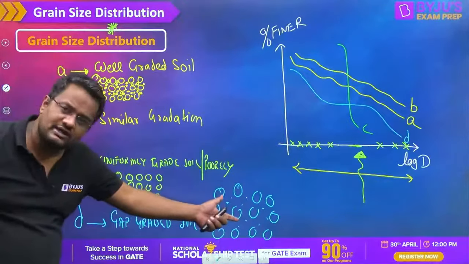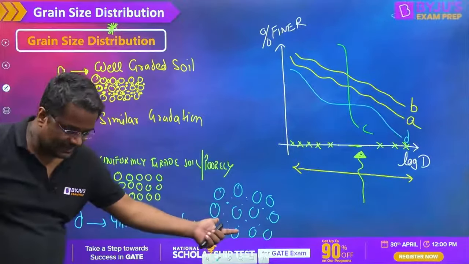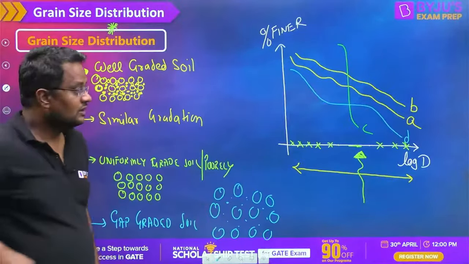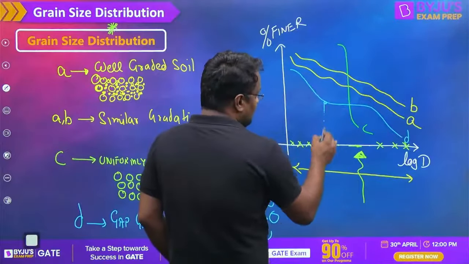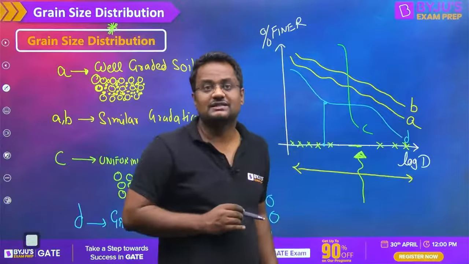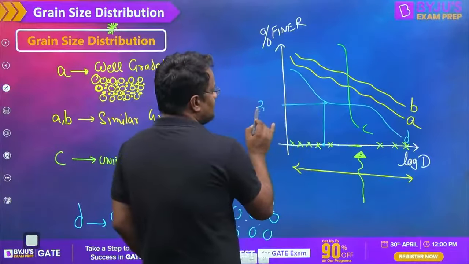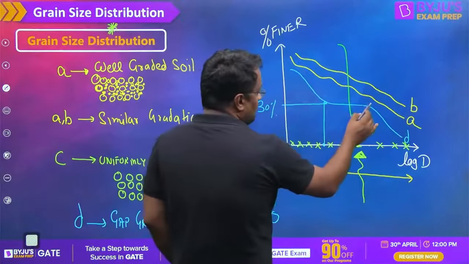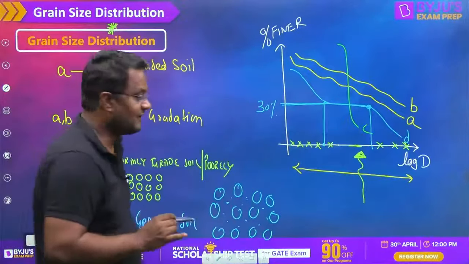At least here some voids are filled, not as compacted, but at least some are filled. Gap graded means, see, from this diameter, suppose 30% particles are finer. From this diameter also, almost 30% particles are finer.